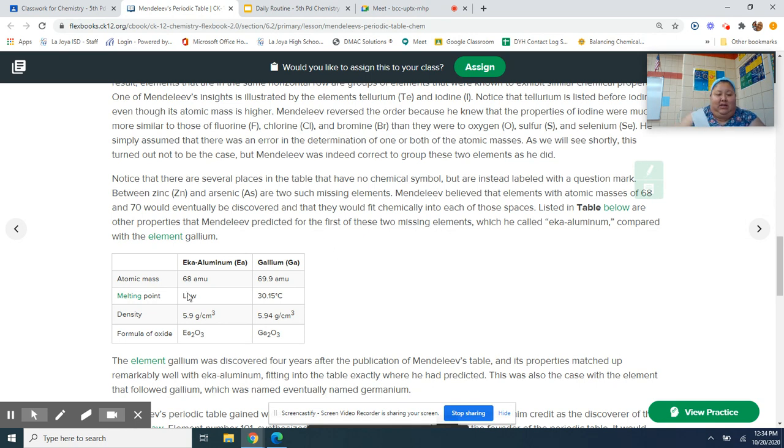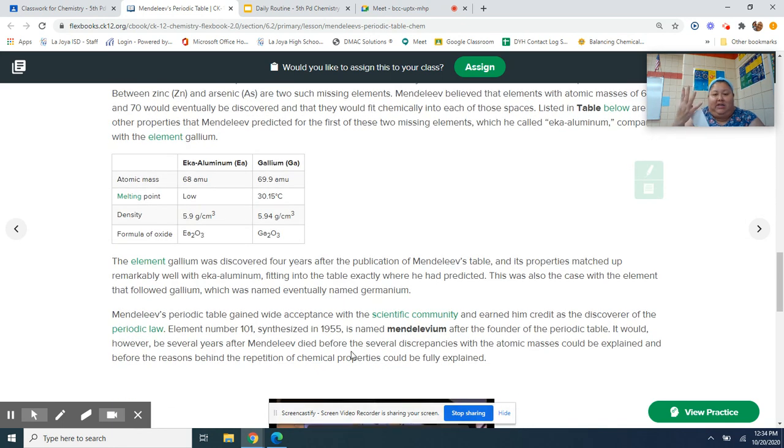Now, the element gallium was discovered four years after Mendeleev published his periodic table, and its properties matched up remarkably well to eka-aluminum, fitting into the table exactly where he predicted.